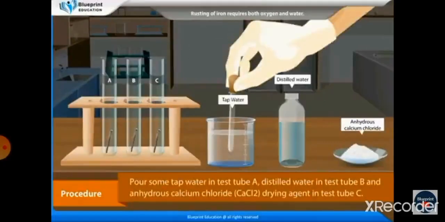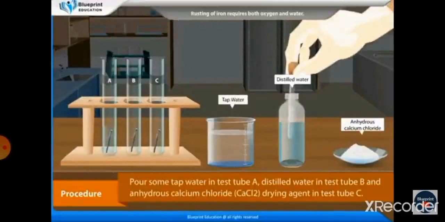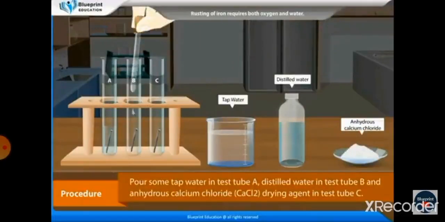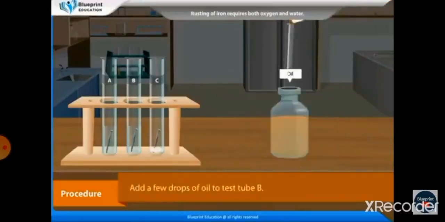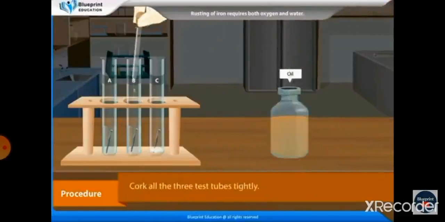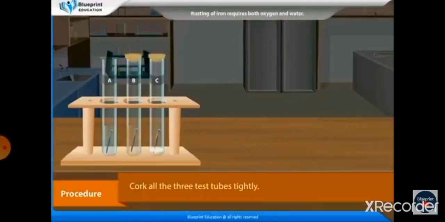Pour some tap water in test tube A, distilled water in test tube B, and anhydrous calcium chloride drying agent in test tube C. Add a few drops of oil to test tube B. Cork all the 3 test tubes tightly. Leave the setup undisturbed for 2 days.